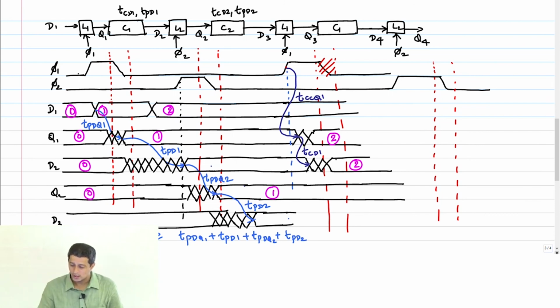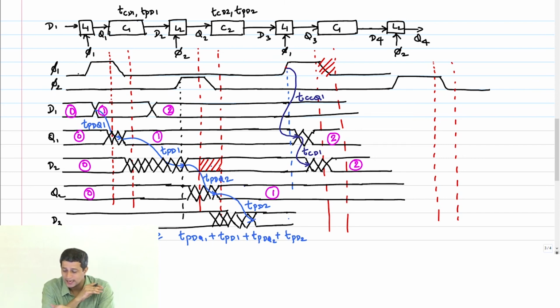So in order for event 2 not to disturb event 1, what should happen? You remember that in order to sample event 1, data should not change in this window, right?